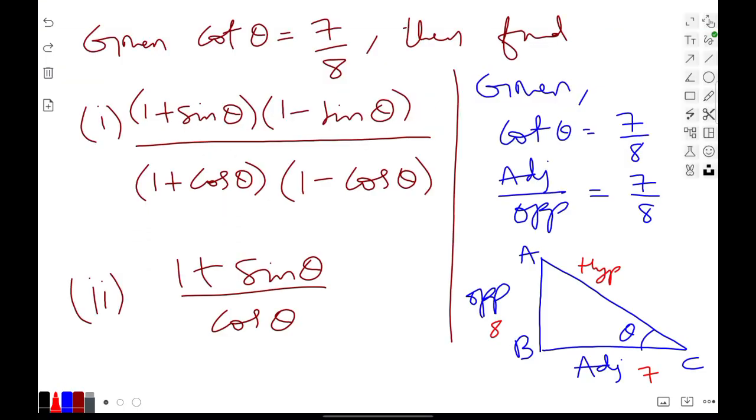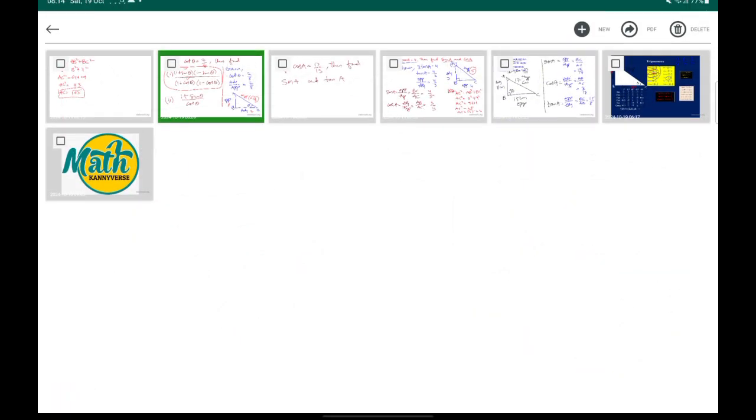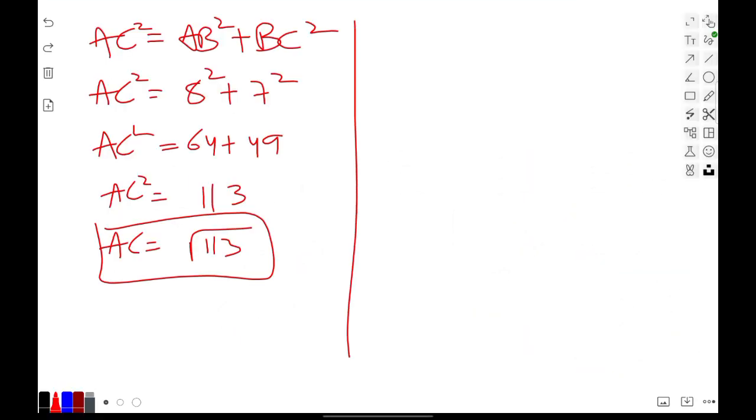Just write down the value over here, that is root 113. Now we need to find this. To find this, first of all we need to find the value of sin theta and then the value of cos theta. So let's find the value of sin theta here. Sin theta is equal to opposite by hypotenuse.